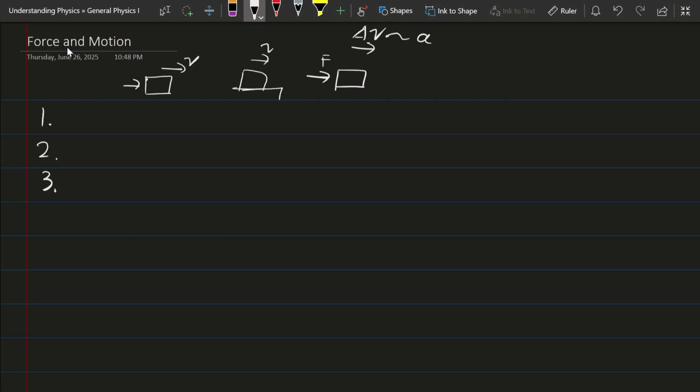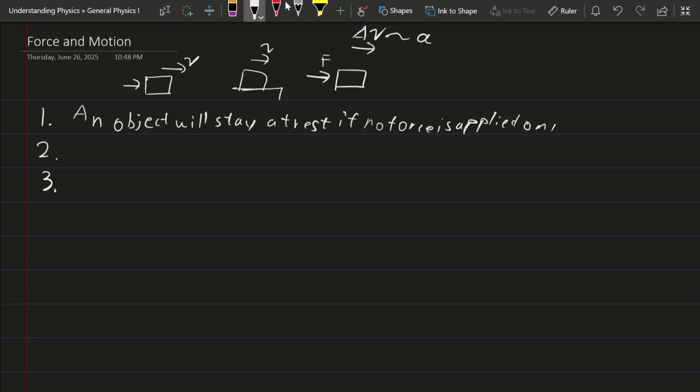The first one is the law of inertia, which states that an object will stay at rest if no force is applied on it.